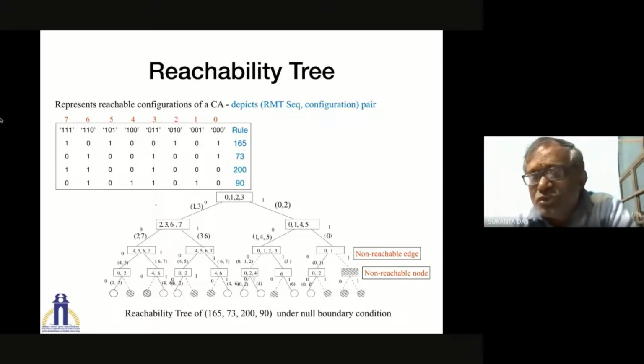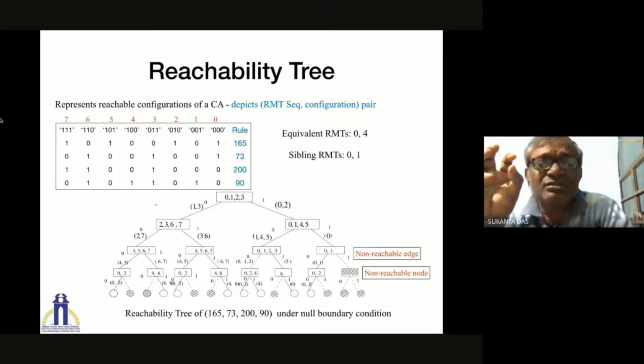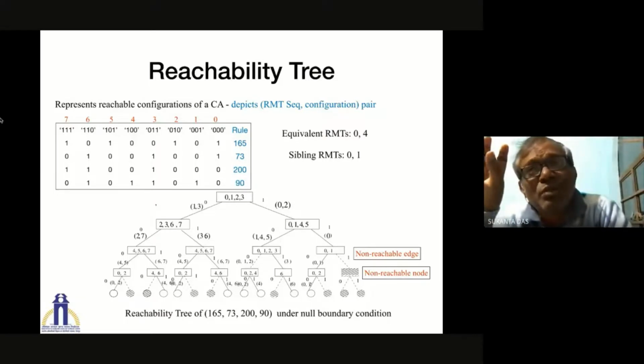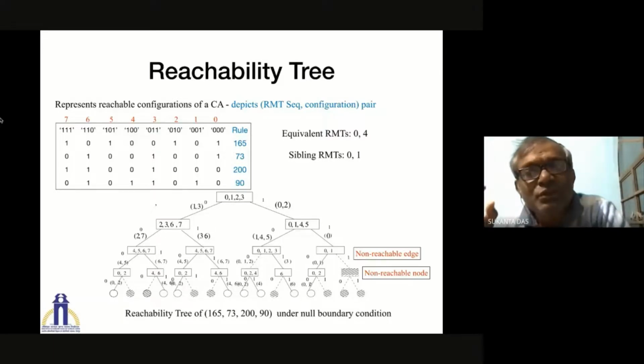Let me define two more terms: sibling RMTs and equivalent RMTs. You will notice here that from RMT 0 in one level, I am getting 0 and 1 in the next level. From RMT 2, I am getting 4 and 5. In general, if Ri is an RMT at one level, the next RMT is either 2Ri or 2Ri plus 1.